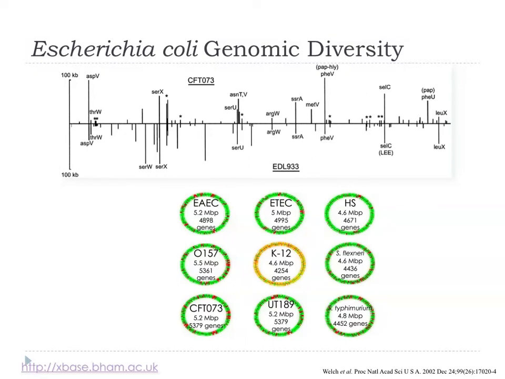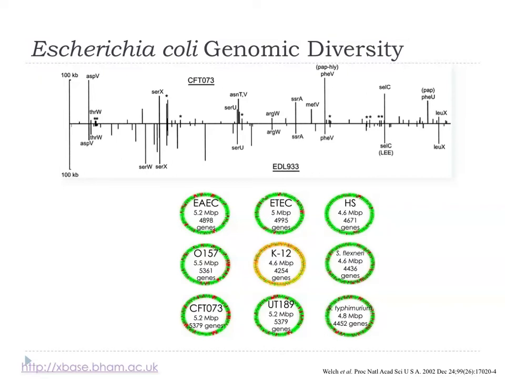Now, beneath that is a figure produced from our own resource, XSpace, looking at comparisons between E. coli genomes. And in the center there's K12, which is the common laboratory strain, the common commensal lab strain that is used in molecular biology. And there it's been coloured in just by GC content, but the genomes around it from various different kinds of E. coli have been coloured in, where green is the stuff that's conserved with K12, and these little wedges of red show you genes that are specific to that particular strain in a comparison with K12.